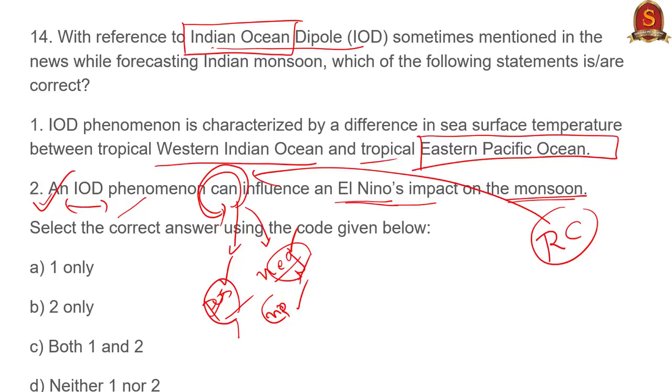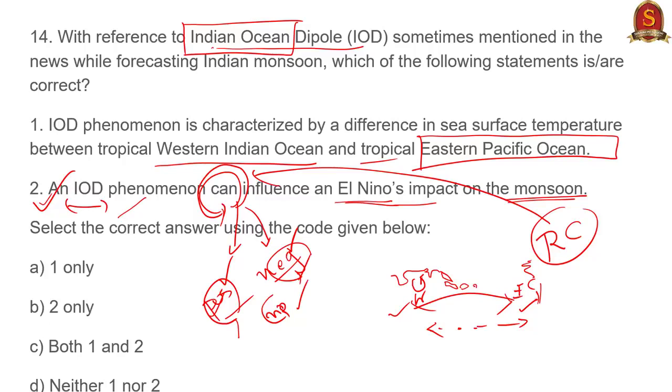Now, if you think about it logically, where your Indian Ocean is located and where your Pacific Ocean is located, you are trying to compare a difference in sea surface temperature between Western Indian Ocean and eastern part of Pacific Ocean. You can pretty much understand how far they are located, and in terms of monitoring whether it is possible for 2 different parameters in 2 different oceans to be compared to come with a logical number.